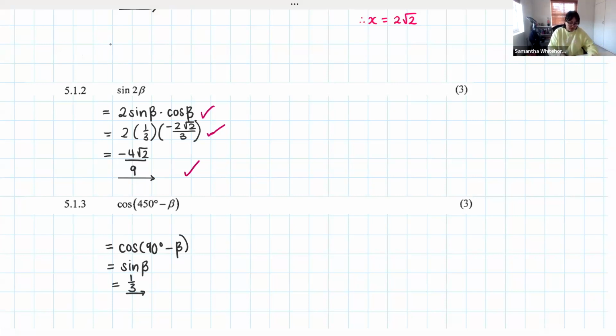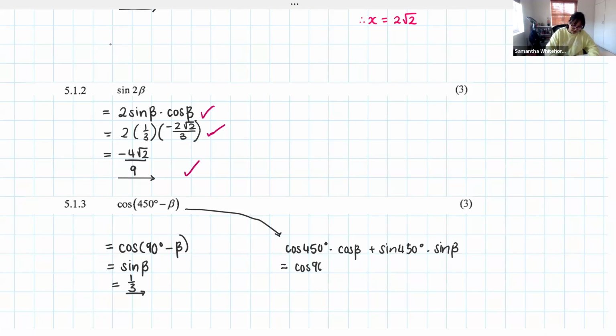So like I say, if you didn't want to do that and you had seen the compound angle and you had expanded this to cos 450 cos beta plus sine 450 sine beta, that's absolutely fine, because according to that reduction Camilo mentioned earlier, this becomes cos 90 cos beta plus sine 90 times sine beta.